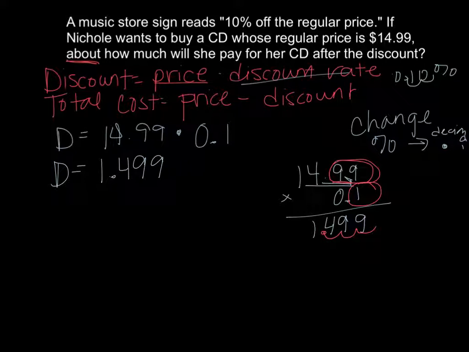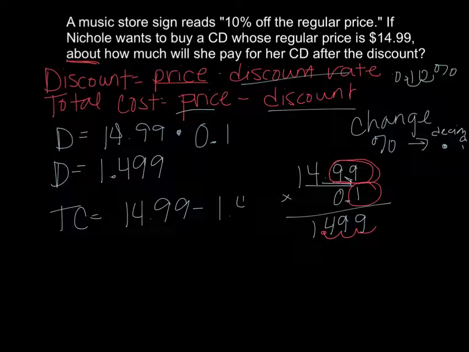So now I need to just take my price minus my discount. So my total cost equals my price, $14.99, minus my discount, 1 and 499 thousandths. So if I subtract that, remember we need to line up decimal points.